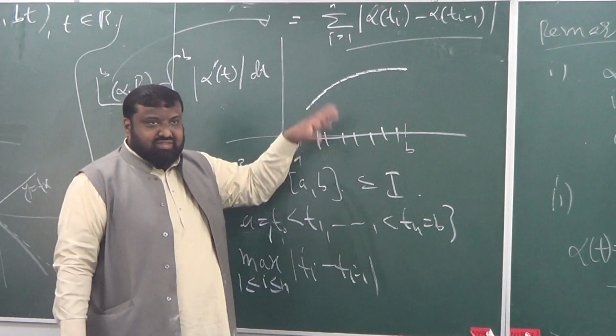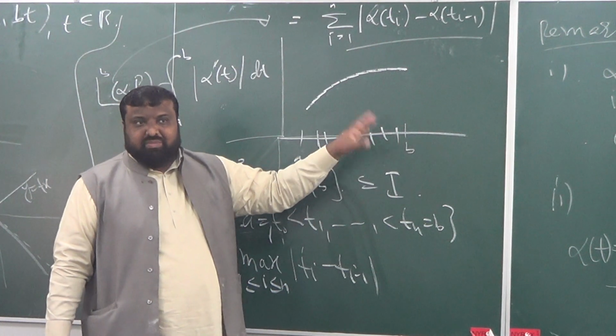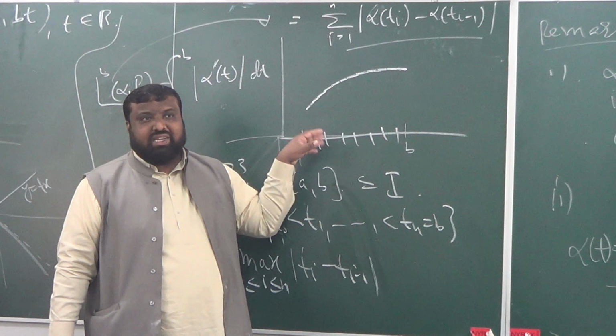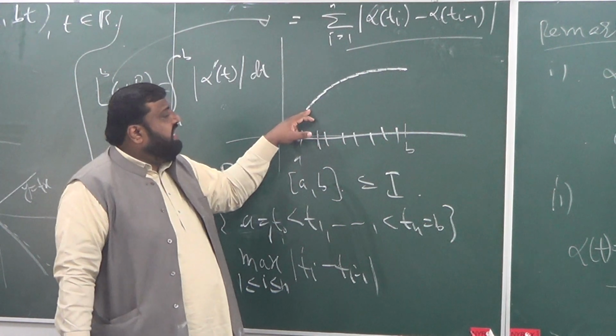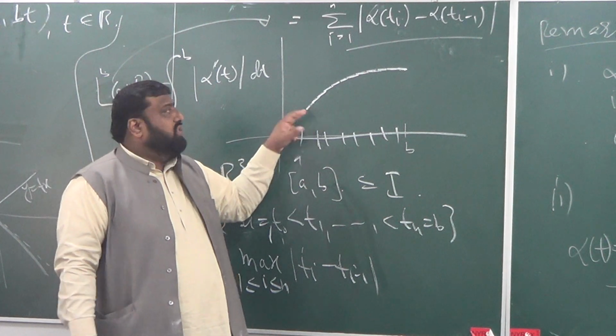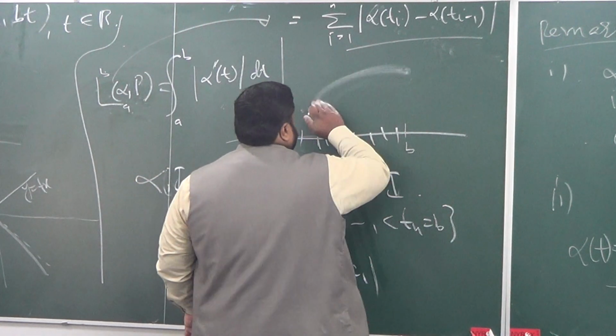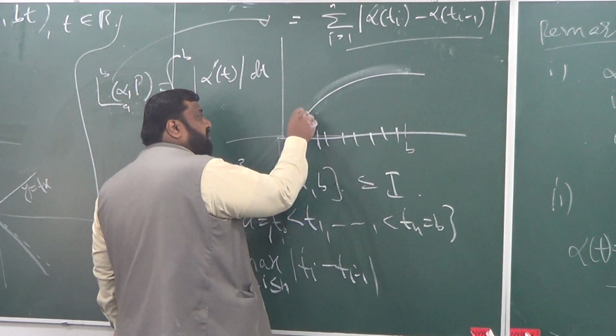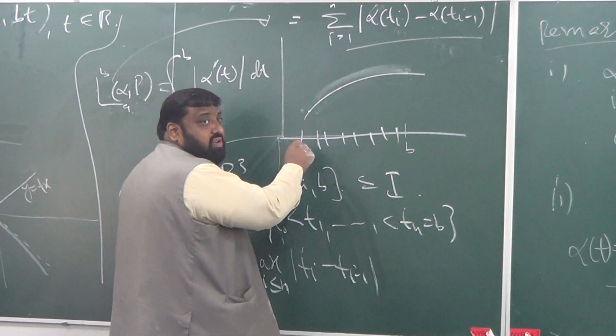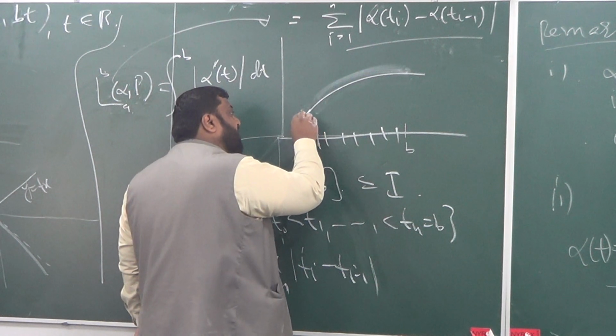But if I slice it more and more, then you're going to get what? I'm saying that take an arbitrary point from this interval and try to draw a tangent line on this.